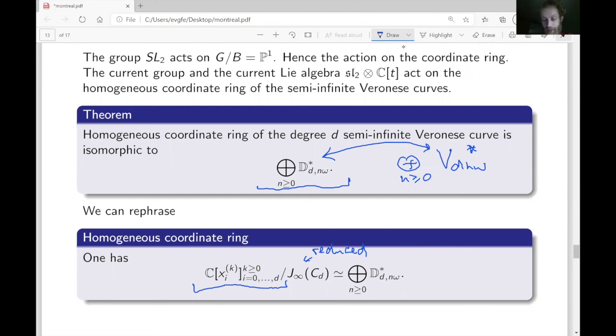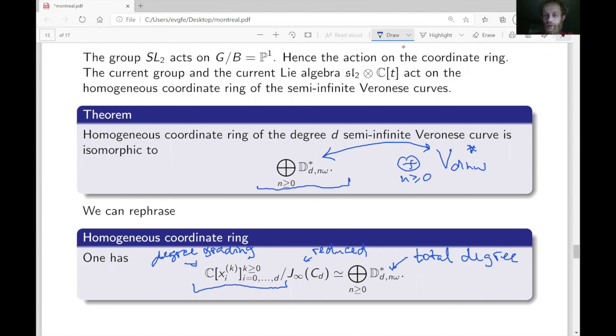And this small n is nothing but the total degree. There is a degree grading on this polynomial ring, and you consider the subspace of polynomials of given degree, and this is exactly what one has on the right hand side.